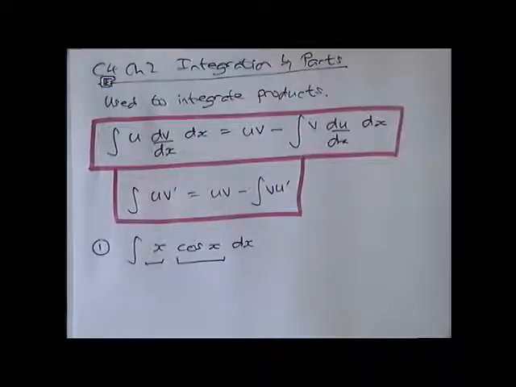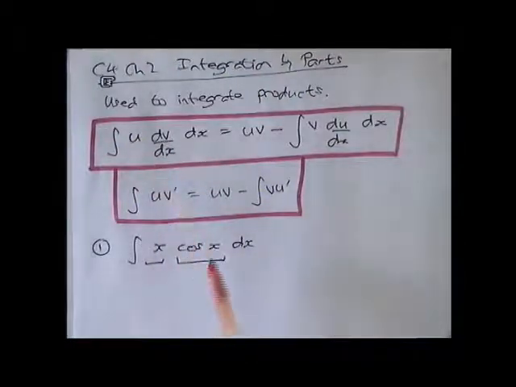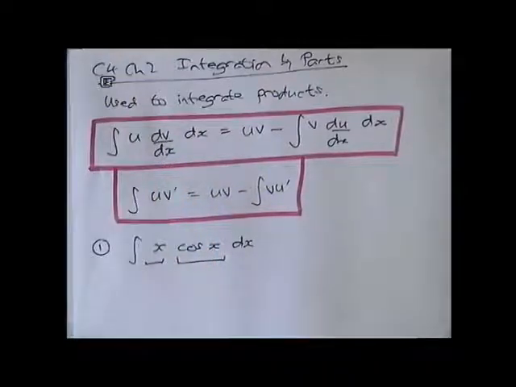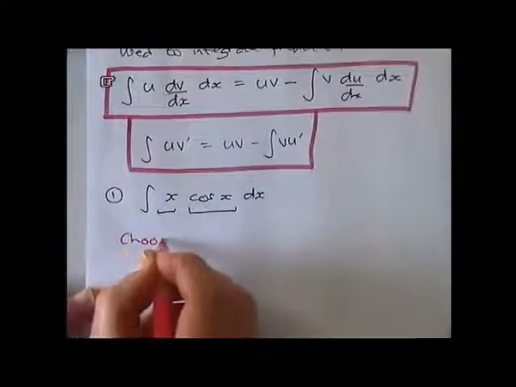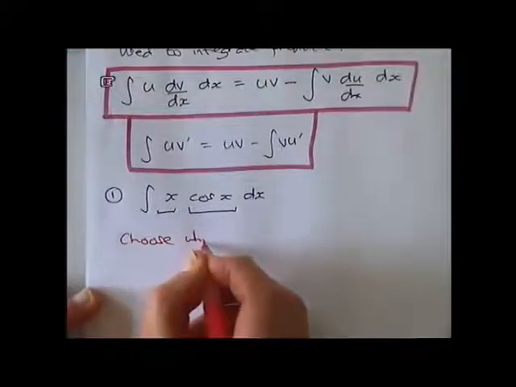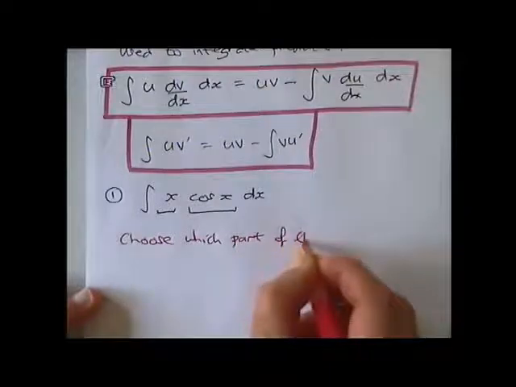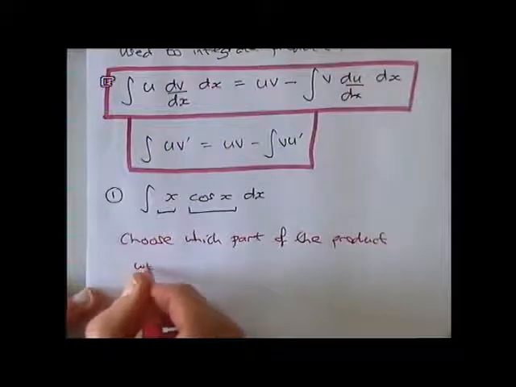Right, now, the process you've got to go through is this. You've got to decide one of these bits of the product is going to be my u bit, and one of the bits is going to be my dv dx bit. You've got to now choose which is going to be which. So you choose which part of the product will be u.